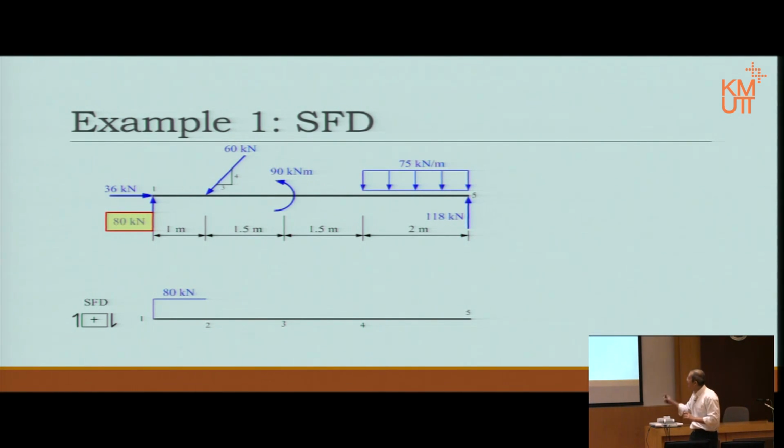There we are. So it's 80 all the way through between 1 and 2. Then we hit by that 60 kilonewton, but that 60 kilonewton is not 90 degree. That 60 kilonewton has two components. One is vertical, one is horizontal. The 90 degree one is vertical. Therefore, it's 60 times 4 over 5. 60 times 4 over 5 is 48, right?